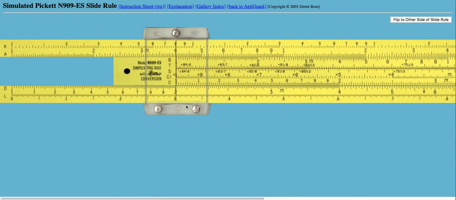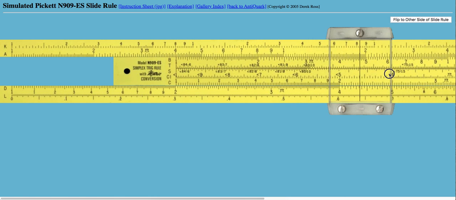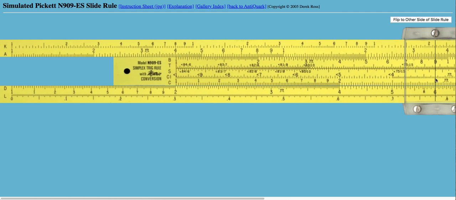We have the 2 here. We have all these little 1s and 2s and 3s, but the slide rule doesn't give you specific decimal place values, so instead we want to use the larger numbers afterwards. We have the 2. We're going to move this all the way over to the 3 that's right there. And if we look below the 3, we get 6, which is our answer for 2 times 3.